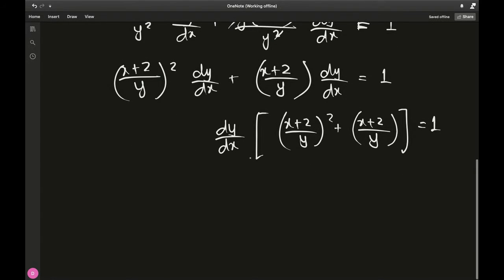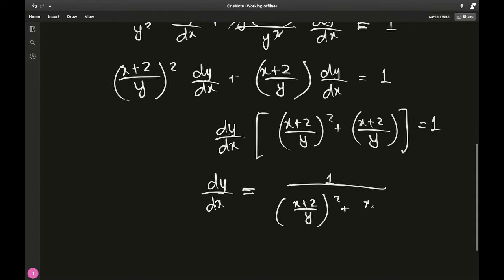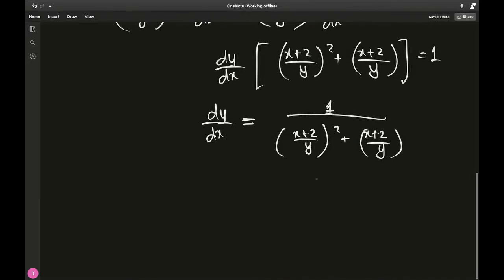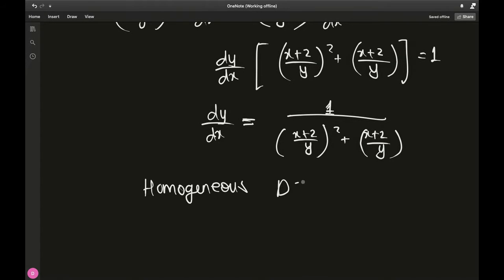Now I want to divide both sides by everything that is not dy over dx. Basically I want to isolate dy over dx. So I have 1 divided by x plus 2 over y whole thing squared plus x plus 2 over y. Now I would like to use a substitution that actually resembles a homogeneous type differential equation.